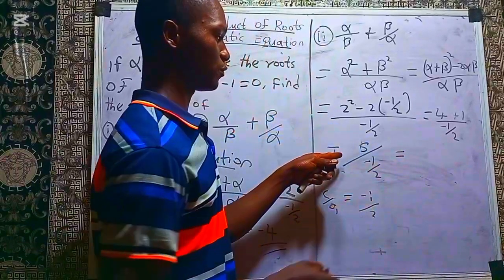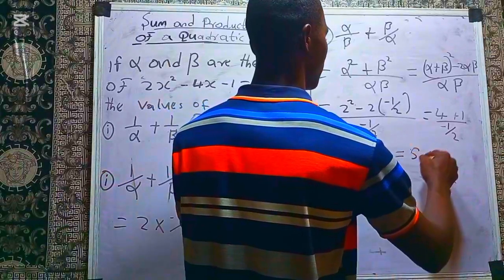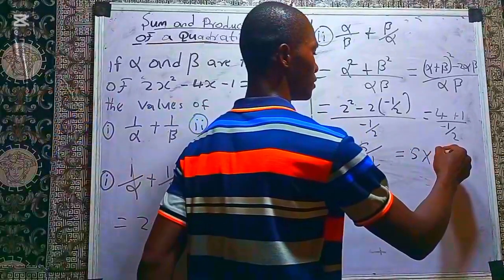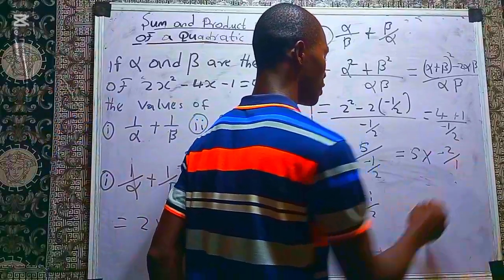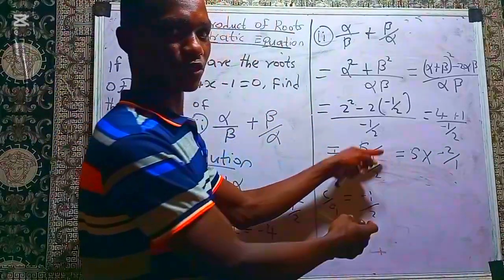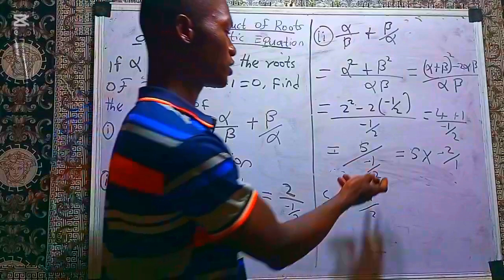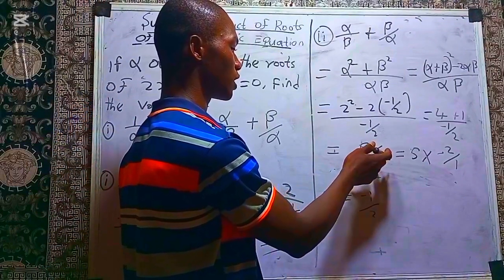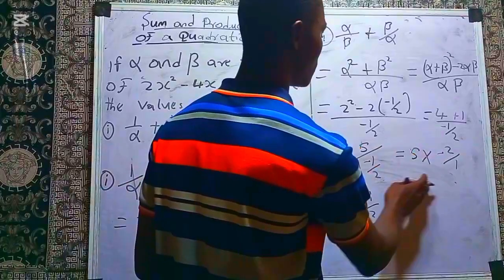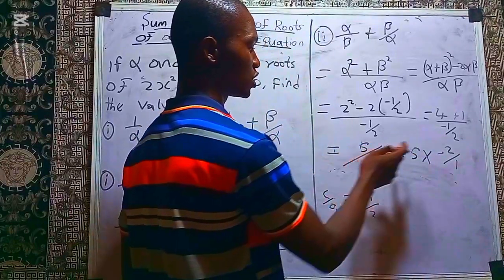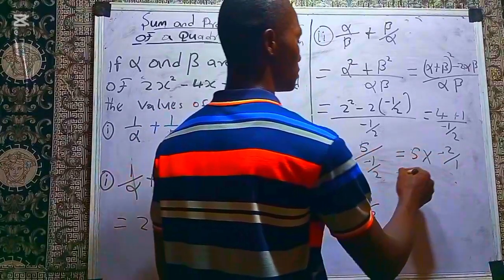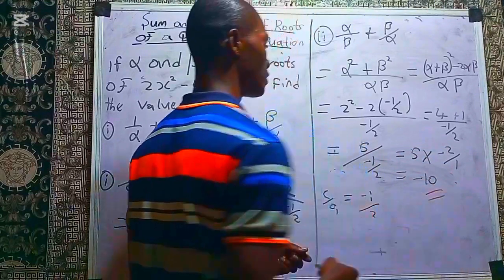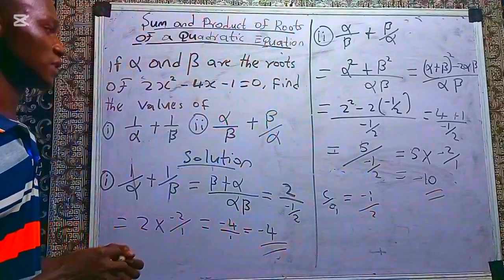So if you do this, this is the same as 5 times, instead of negative 1 over 2, you will now have negative 2 over 1. So you reciprocate this fraction down here, bring the denominator up, bring the numerator down. Then I will change this division to multiplication. So this will give you negative 10. So negative 10 is the value of this.